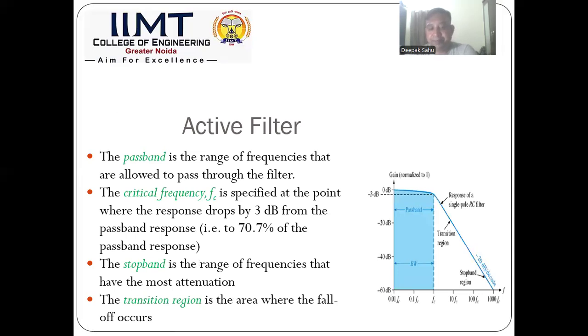Now, the frequency response characteristic curve is discussed here. We can clearly see that on the y-axis, gain in decibels is mentioned, and on the x-axis, frequency ranges are covered. And here in the shaded region is the passband, which mainly incorporates the bandwidth of a particular filter.